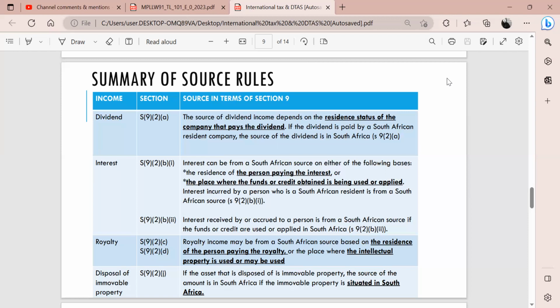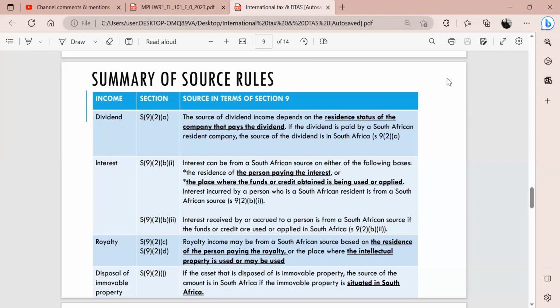Interest incurred by a person who is a South African resident is from a South African source. Interest received by or accrued to a person is from a South African source if the funds or the credit are used or applied in South Africa. So that's how you determine whether interest income is from a South African source.